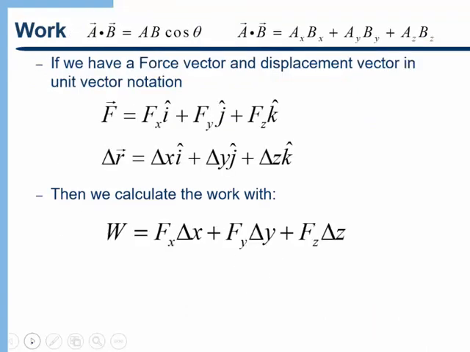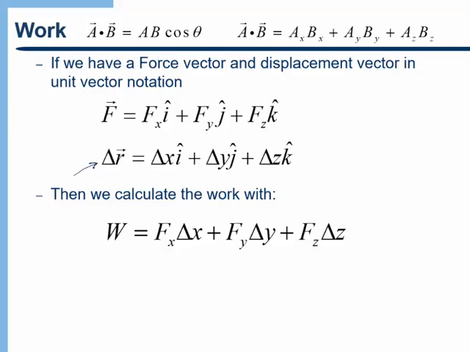On the other hand, if instead we have the force and the displacement vectors, then we use our second definition. Now, by the way, let me talk a little bit about our vector delta R. Remember, delta R represents the displacement. Well, most generally, we could have a three-dimensional displacement, one that goes in the x, the y, and the z direction.